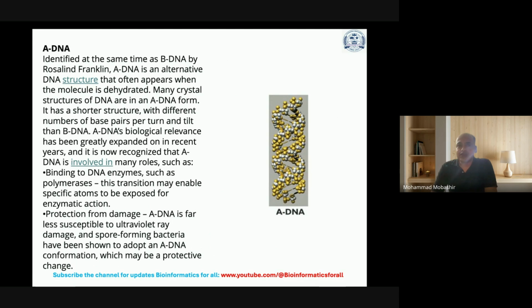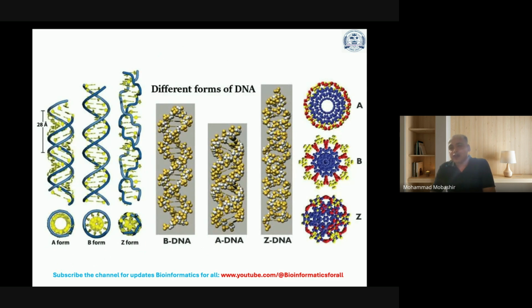ADNA's biological relevance has been greatly expanded in recent years, and it is now recognized that ADNA is involved in many roles, such as binding to DNA enzymes and protection from damage. Now, these are the different forms of DNA: ADNA, BDNA, and ZDNA. You can clearly see how they are different. So, this is what you need to understand.